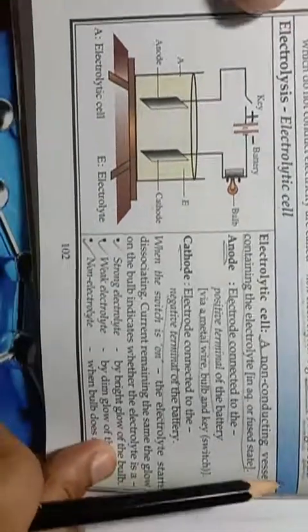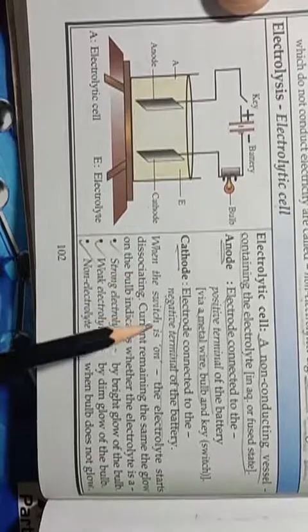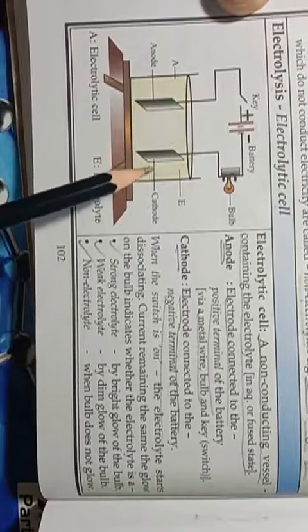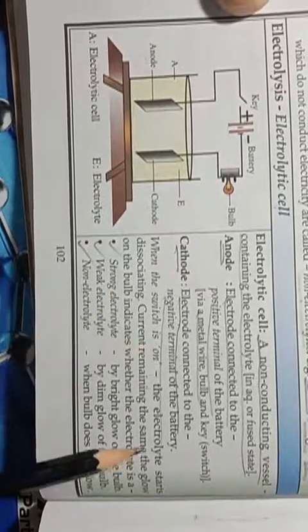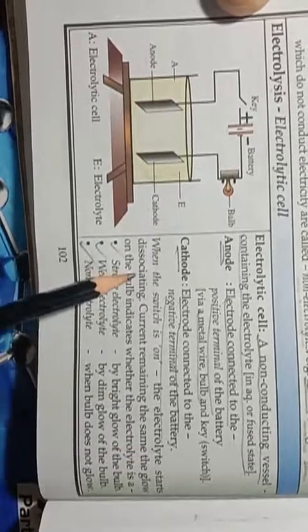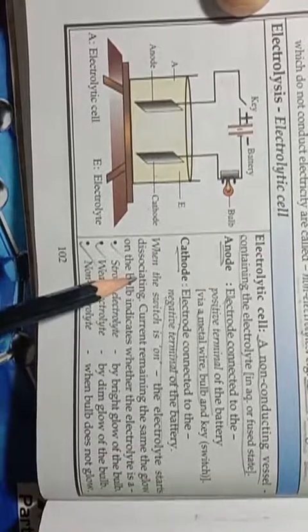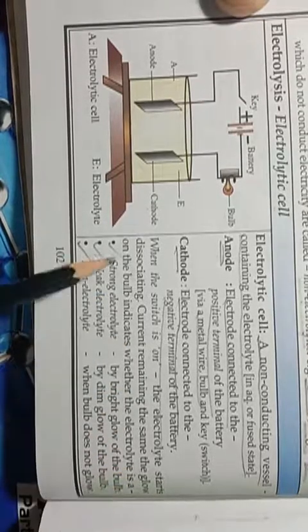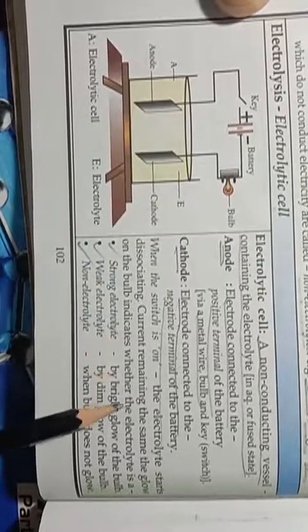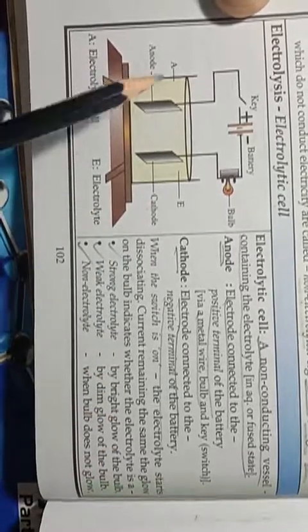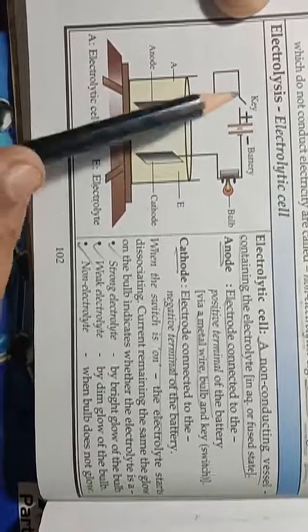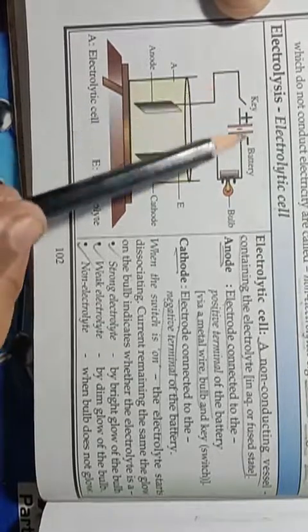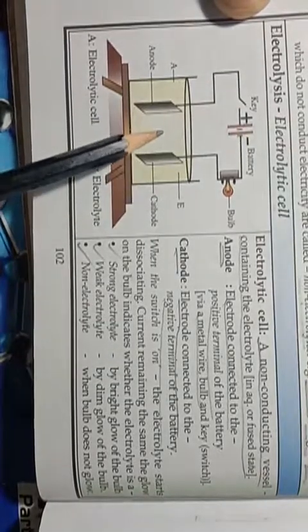The next point: when the switch is on, the electrolyte starts dissociating. The current remains the same, and the glow of the bulb indicates whether the electrolyte is strong or weak. When the switch is on, when this key is closed, the flow of electricity will start through the battery and the electrolytic solution.